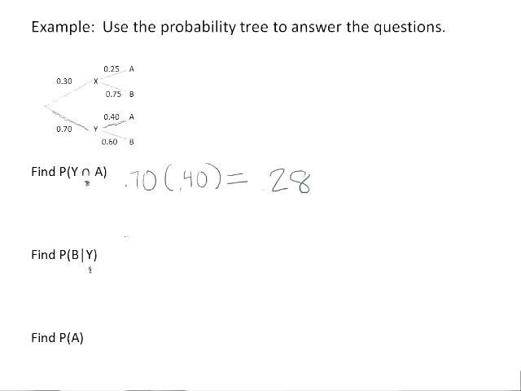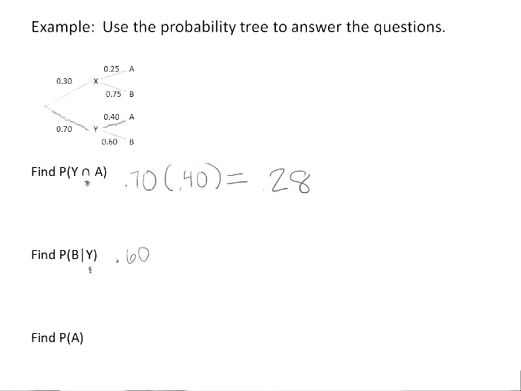Follow the path on your tree diagram for outcome Y, but then when you get to your next outcome, follow the path for outcome B. That will be a probability of 0.6. So there's nothing to multiply here. We just have a probability of 0.60.